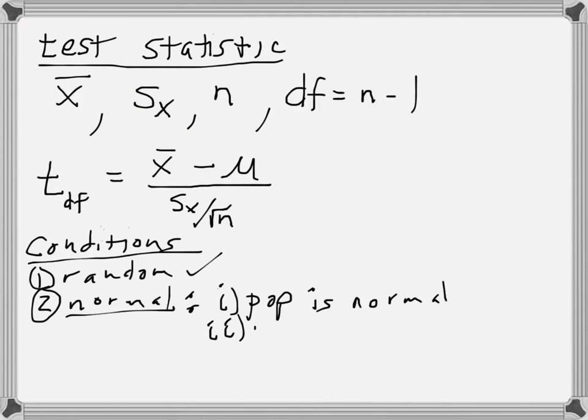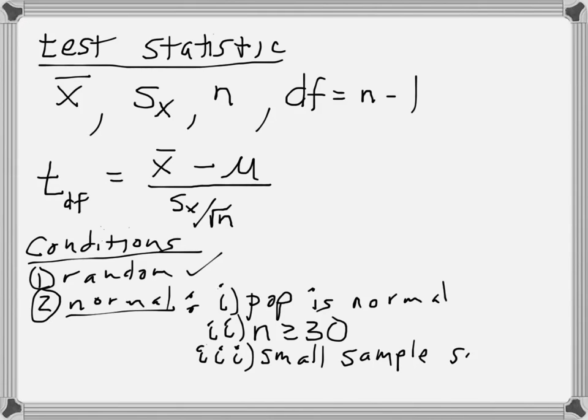Remember the second condition? I know you guys remember this by now. Sample size is over 30. Sample size over 30 means that the distribution of sample means is approximately normal. The last one is going to probably be more often the case, and this is the small sample size. And I say it's going to be more often the case because you already saw this on your last exam.